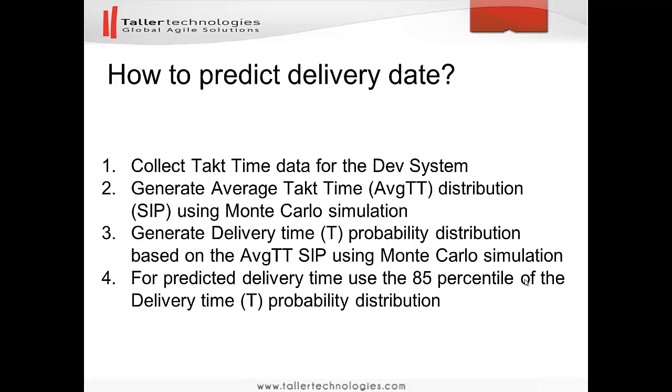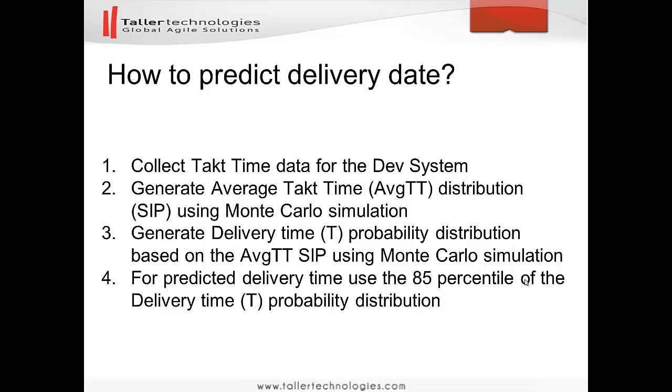So having the metric to be used and having the concept of how work flows through the system, we can again ask the question how to predict delivery date. And here is the algorithm to be used and to be followed.